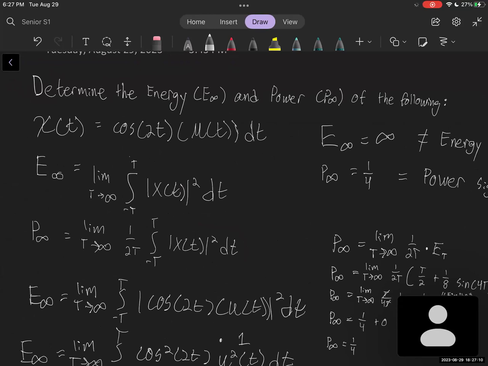If x of t, we are of course assuming that all these signals are bounded in amplitude, i.e. finite amplitudes, but if they also last for a finite amount of time, then it's almost guaranteed for them to be both energy and power signals.